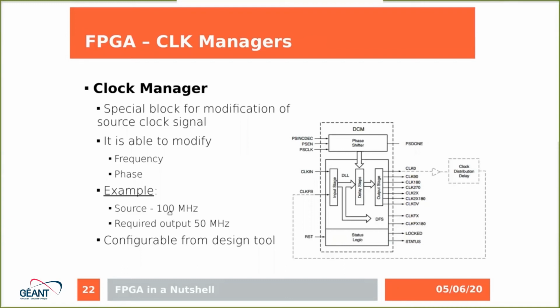So you need a special block which is able to modify the clock signal, and this modified clock signal is then connected into the clock tree to provide a reference clock for the design.